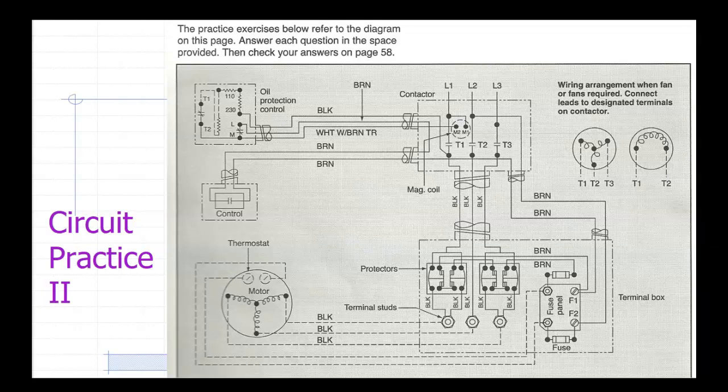Should be M1. Because what you're looking at is the fact that this guy right here is getting power straight from L1. You see that? It gets power directly from L1.